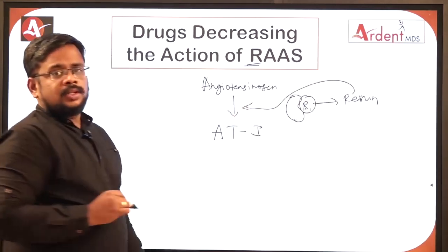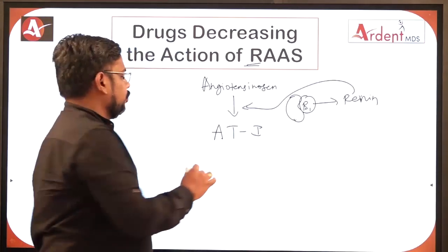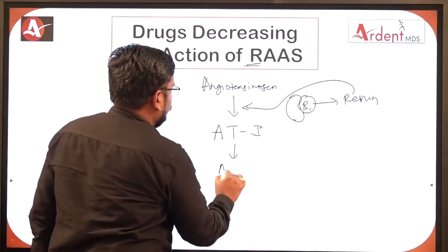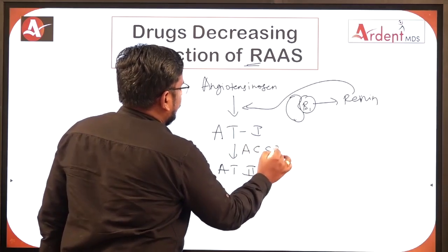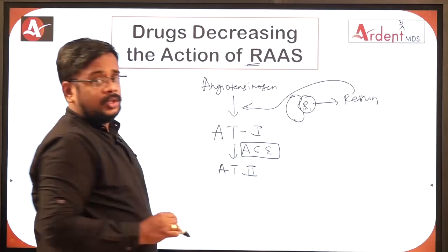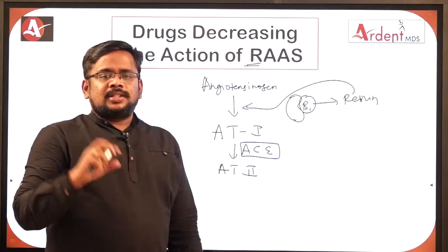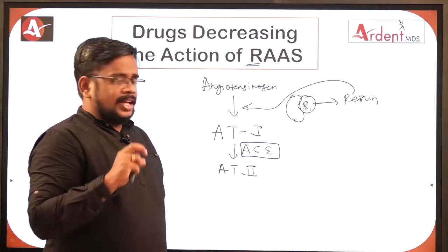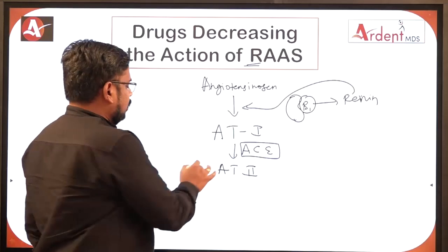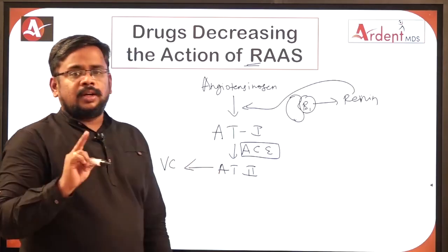First step. This angiotensin 1 is converted into angiotensin 2, which is the active form, by the help of an enzyme called ACE, angiotensin converting enzyme. This angiotensin 2 is the final product in the renin angiotensin aldosterone system. It either directly acts as a vasoconstrictor, number 1.